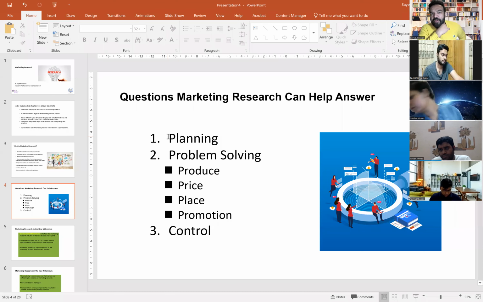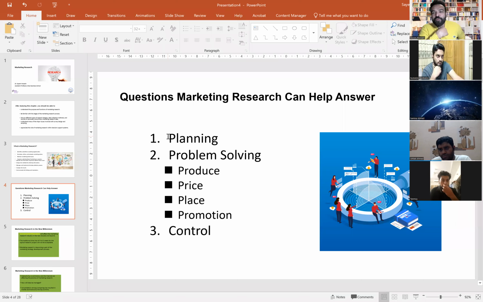Things like this you miss out once you get into the market without much marketing research. So planning is the very first stage, based on the foundation of marketing research. All the big and successful brands must do marketing research, and that will help them to plan. Yes, Tanmay, go ahead.